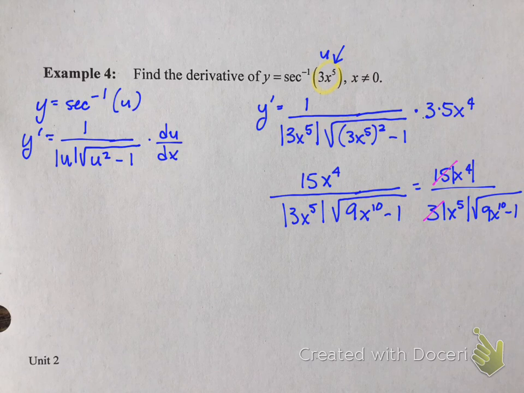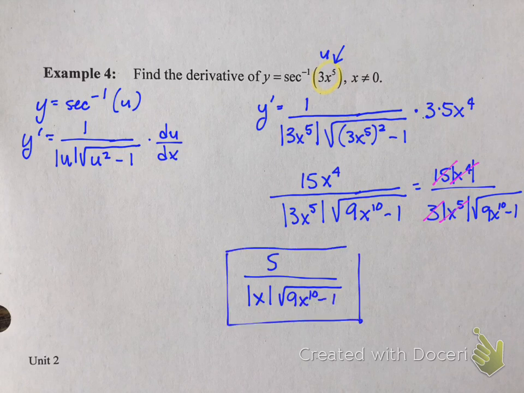So when we simplify everything down, 3 goes into 15 5 times, and I get the absolute value of x in the denominator, not the numerator. So we got a 5 up here, absolute value of x in the denominator, and then we have the square root of 9x to the 10th minus 1. And that's about as far as you can go with this one.